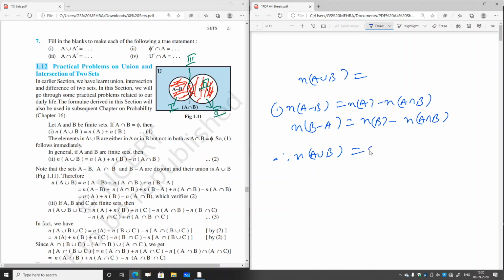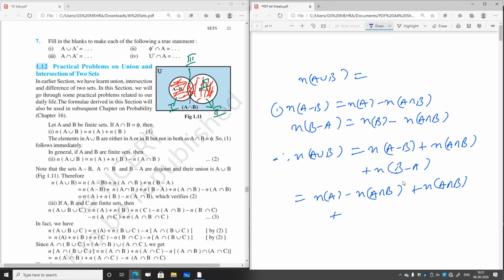N of A union B equal to N of A minus B plus N of A intersection B plus N of B minus A. So, writing the value of N of A minus B from here, it is N A minus N A intersection B, then plus N A intersection B, and plus N of B minus A, which from here is N B minus N of A intersection B. So we can easily simplify it.